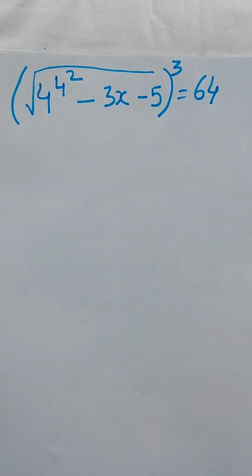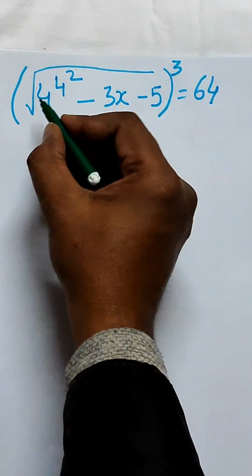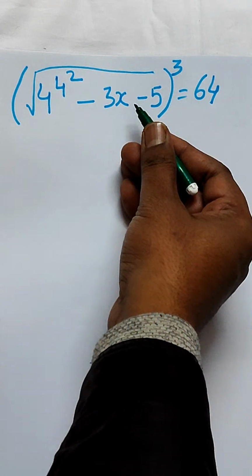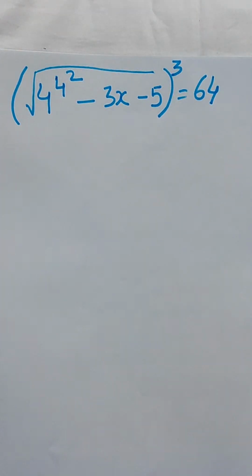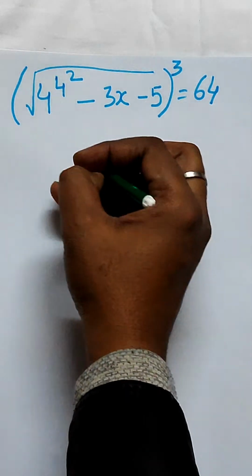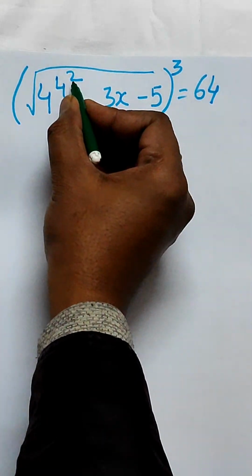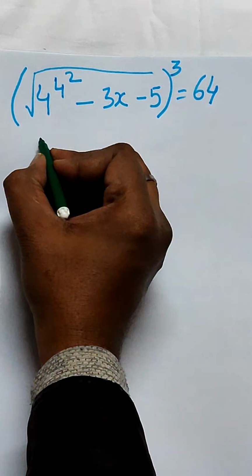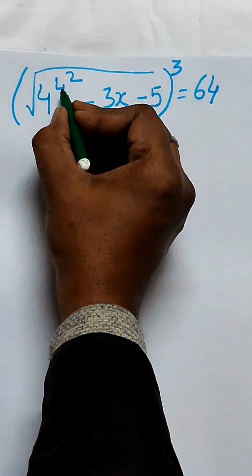I have even put the shorts of this question also, let us see how we are solving it. We know that root of any number means power is 1 by 2. So we can write it as simply 4 squared can be written as 16.